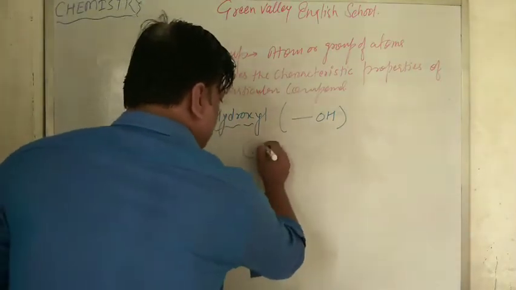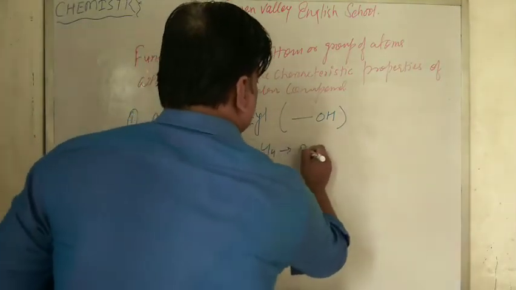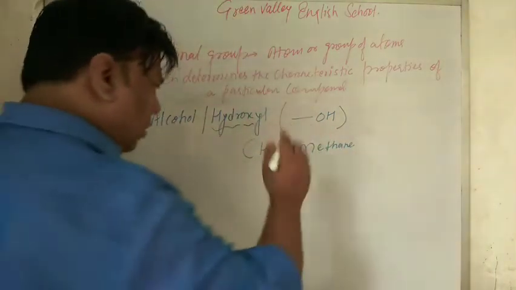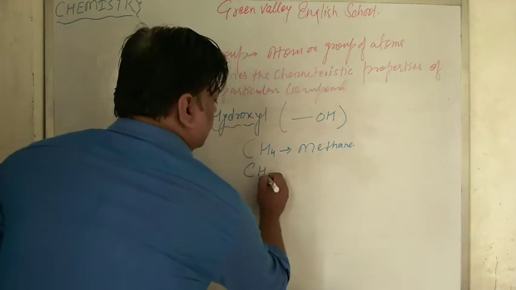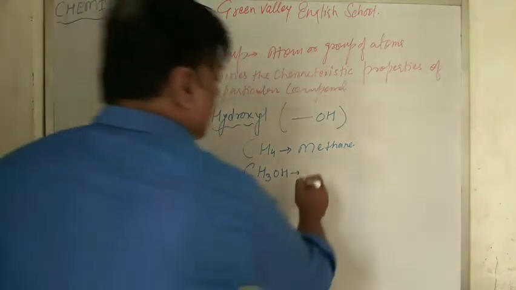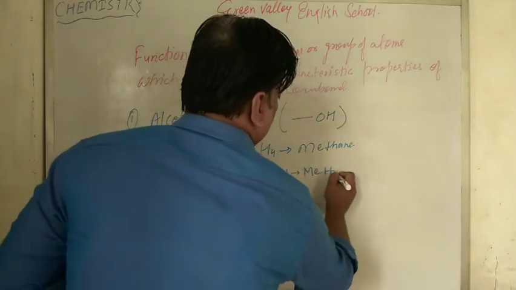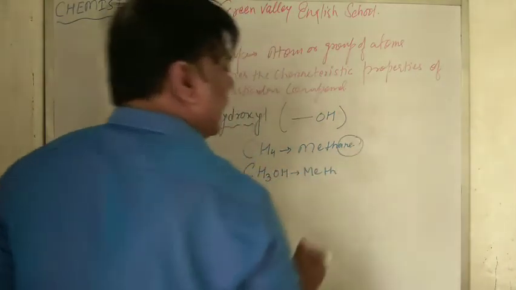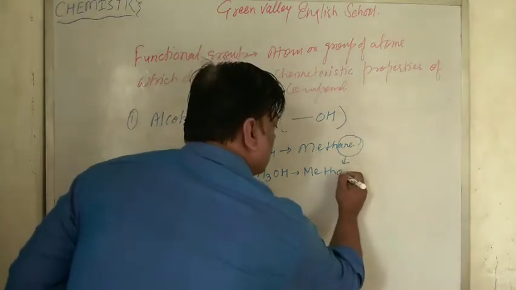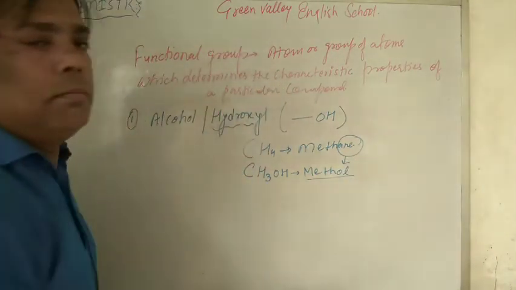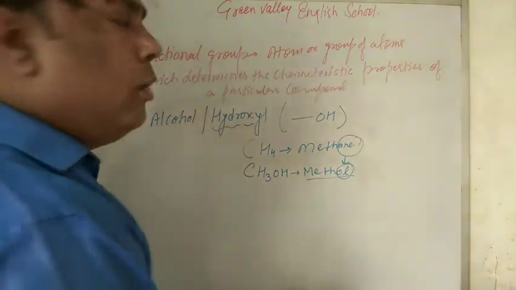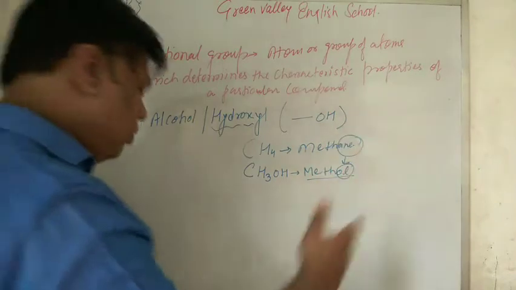Initially its name is methane, CH4. Now if I remove one hydrogen and add the OH group, its name is methanol. ANE is replaced by OL.